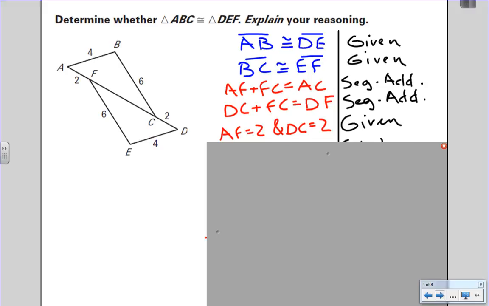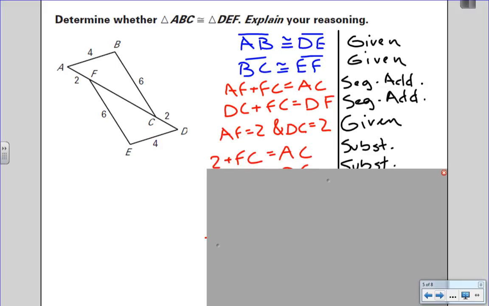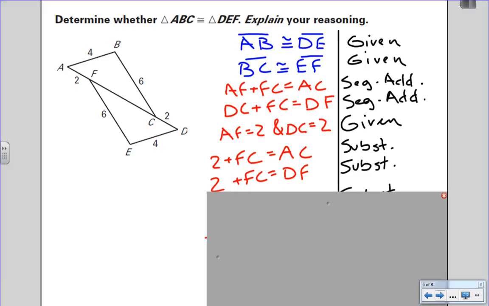Now AF is 2 and DC is 2. I can say that was given because it's on the diagram. Next, let's plug in for AF and DC. So I just took out AF, put a 2 there, took out DC, put a 2 there. Now very conveniently, I have AC equaling 2 plus FC and DF equaling 2 plus FC.